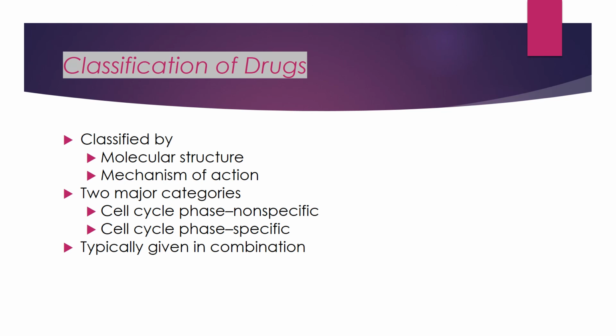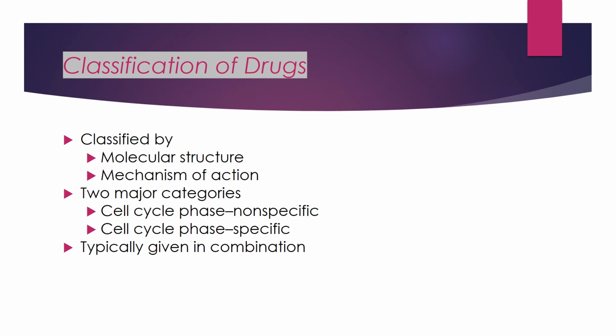As we said, there are two different categories of drugs, the cell cycle nonspecific and the cell cycle specific. The cell cycle nonspecific drugs exert their effect on the cells during all phases of cell activity, including the process of cell replication and proliferation.